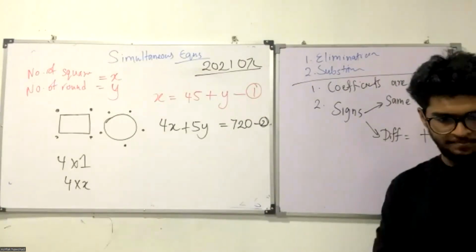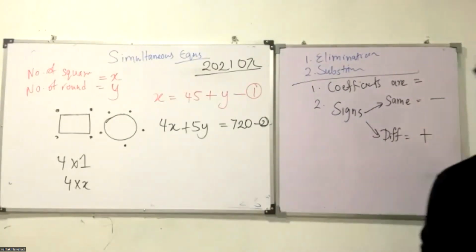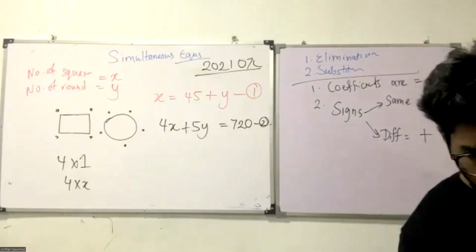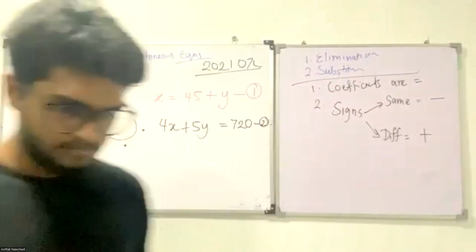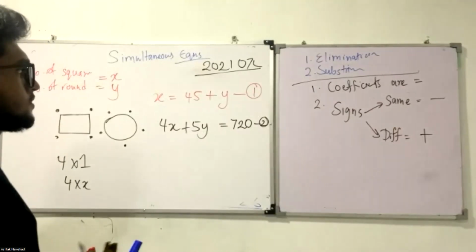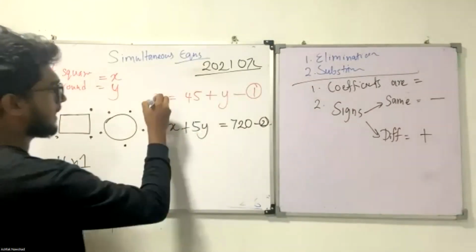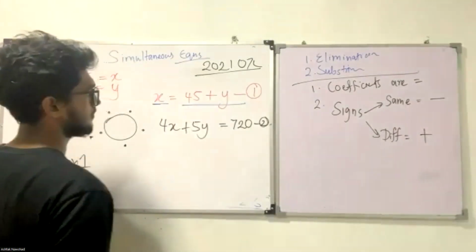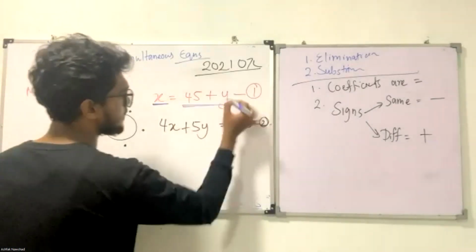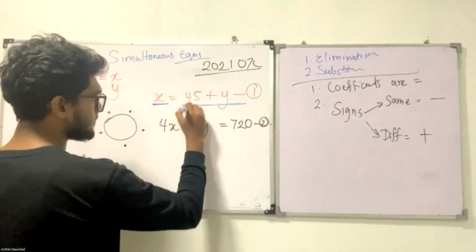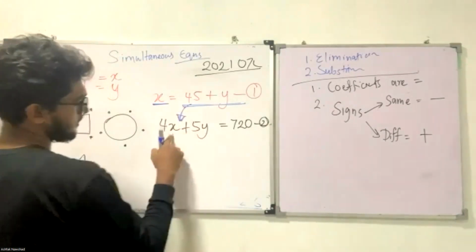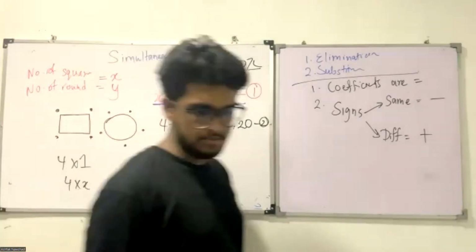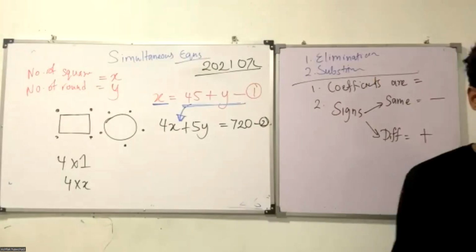Somebody let me know. Yes, we can. We can use direct substitution because they have given a value for x in terms of y. I'm going to use it to define x, so we'll end up with a simple equation.